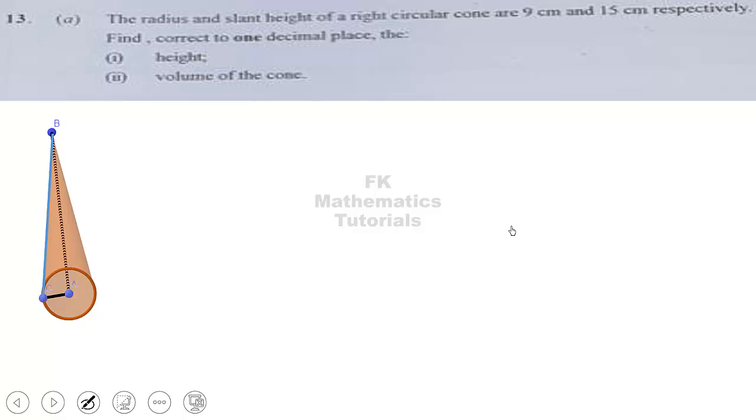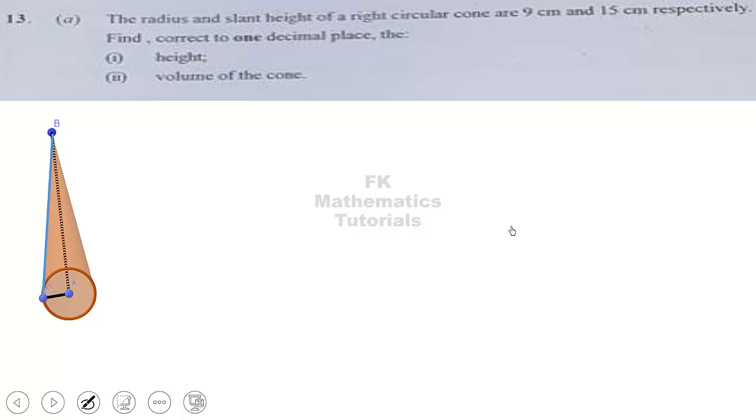The radius and slant height of a right circular cone are 9 centimeters and 15 centimeters respectively. Find, correct to 1 decimal place, the height. Then we are finding the volume of the cone. So this is the cone, as you can see here.